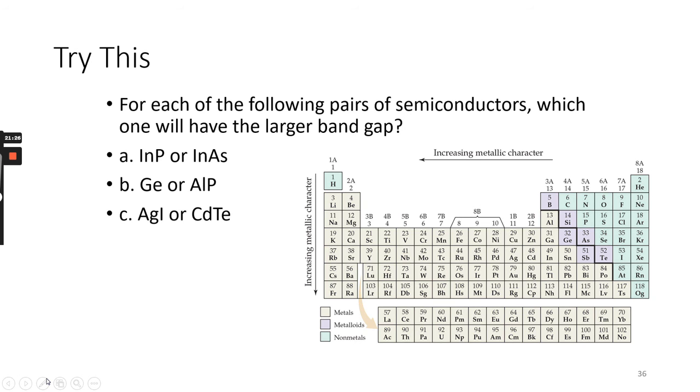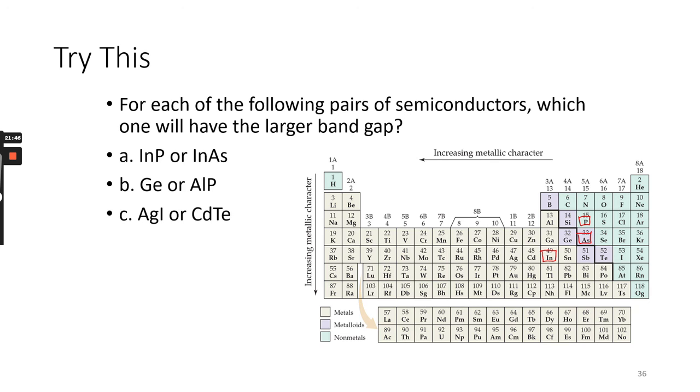So let's see if we can predict which of these semiconductors has a larger band gap. So let's take the first one, InP, and then we have InAs. Now remember our trends.